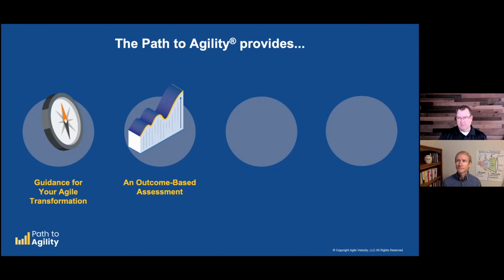One thing that's unique about Path to Agility is it's very much focused on outcomes and capabilities as a way to assess, as opposed to going in and saying, oh, you're doing good agile because you have stand-ups and you do retros and you use Jira. That's not a good way of assessing.